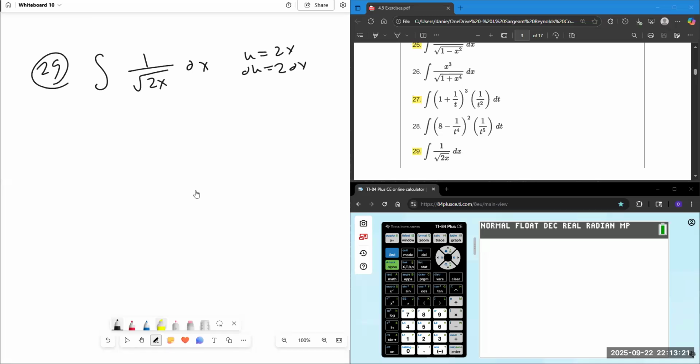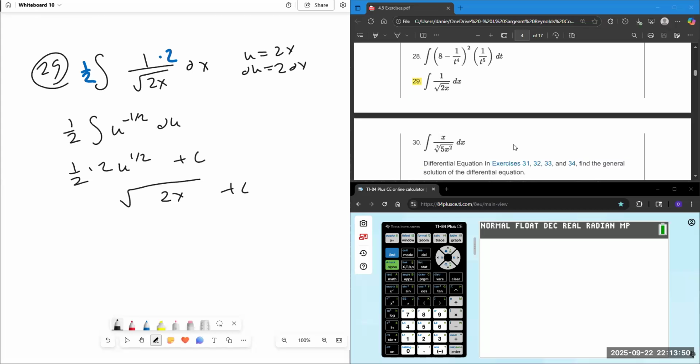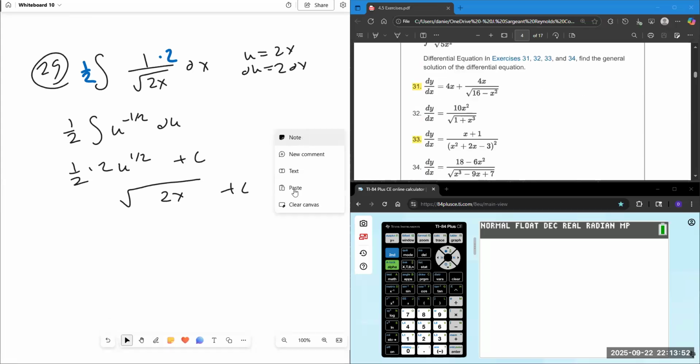I'll fix this with a times 2 and a times 1/2 to give me 1/2 u to the -1/2 du. It's 1/2 u to the 1/2 times 2 plus c, which is the square root of 2x plus c. Let's move on to 31.